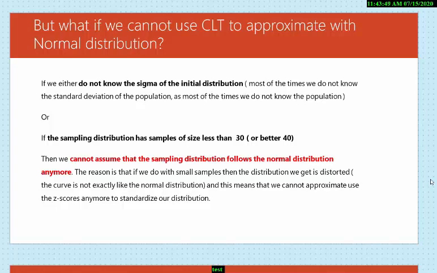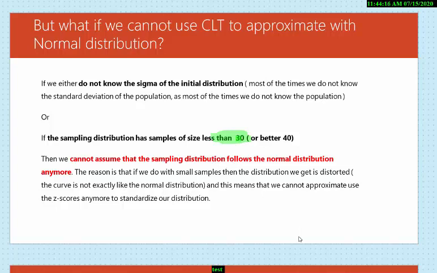So what do we do? Well, in the case that you don't know that, then you need to make some assumptions. If your sample size is greater than 30, and some books say 40, but our book says 30, and we are going with this. So if your sample size is greater than 30, then you can assume what?